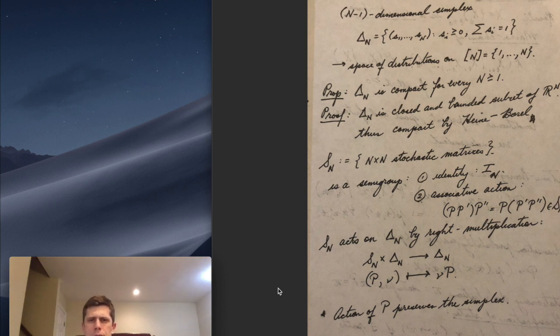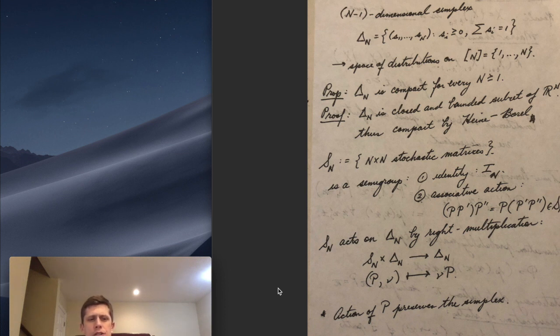Okay, so first to observe the compactness property of the space of probability measures. First, just note that the space of probability measures on X is a finite set. We assume it has size capital N. So this is in one-to-one correspondence with the n-1 dimensional simplex, which I write here as delta n.